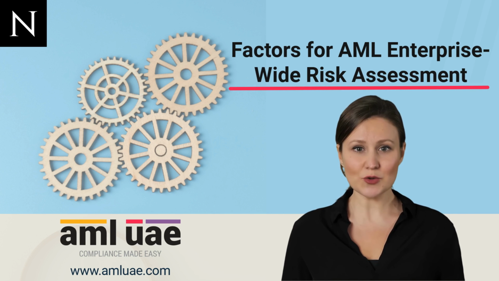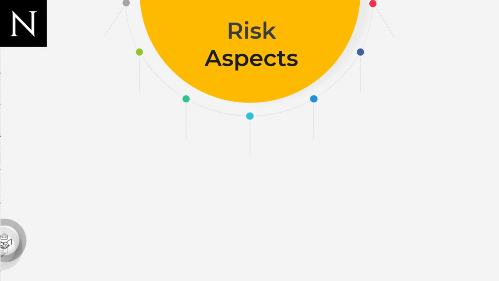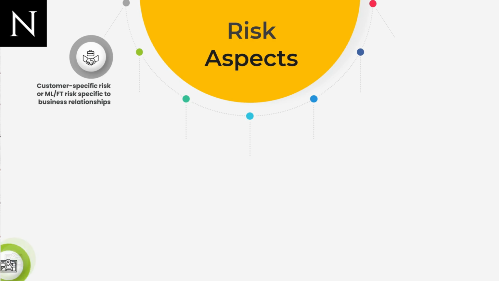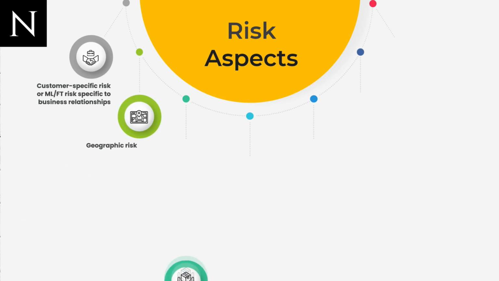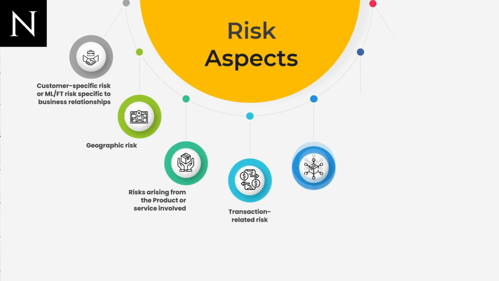The video here lists the various risk parameters for assessing overall business risk. While conducting AML enterprise-wide risk assessment, the regulated entities must consider the following risk aspects: customer-specific risk or risk arising out of business relationships, geographic risk, risks arising from the product or service involved, transaction-related risk, delivery or distribution channel-related risk, technology-related risk.